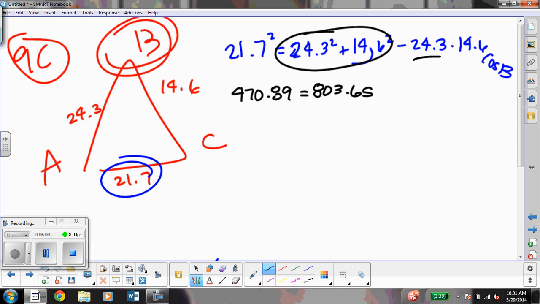And then I can multiply the 2, the 24.3, and the 14.6 together to give me 709.56. And that's still multiplied by the cosine of B. Remember, it's a common mistake to try to add all of these numbers together when you can't do that.